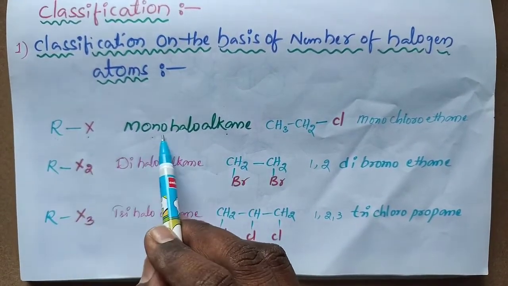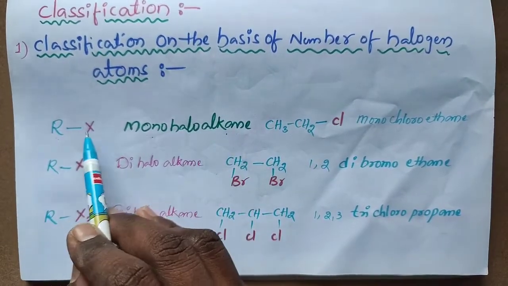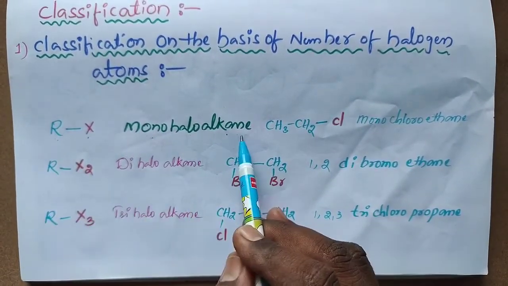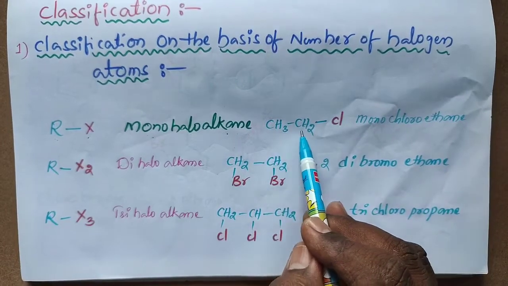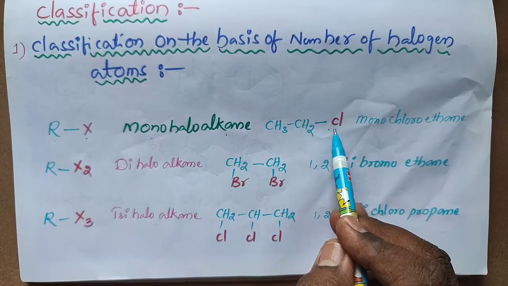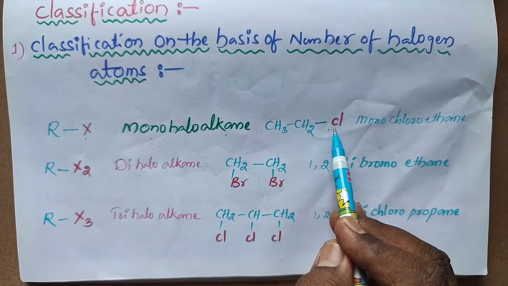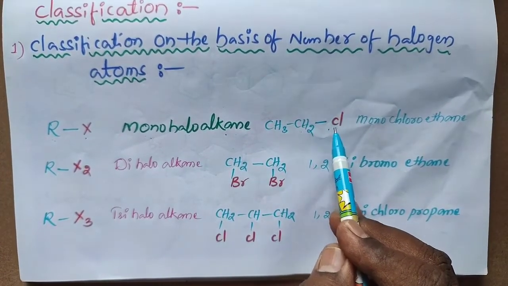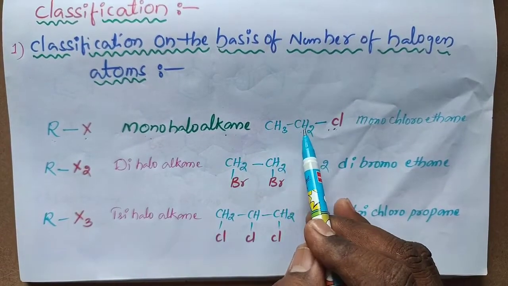One halogen bonded with one alkyl group is a monohaloalkane. For example, CH3CH2Cl. How many chlorines are there? One chlorine, so this is monochloroethane, with 2 carbons.